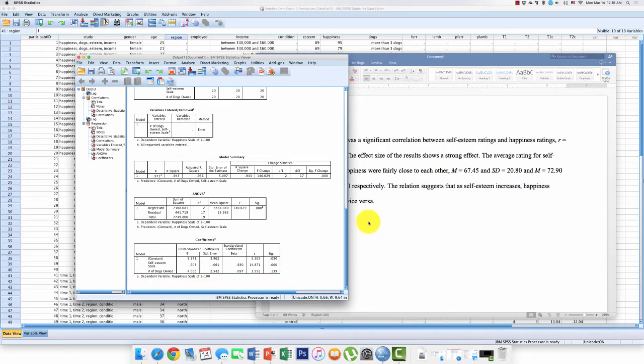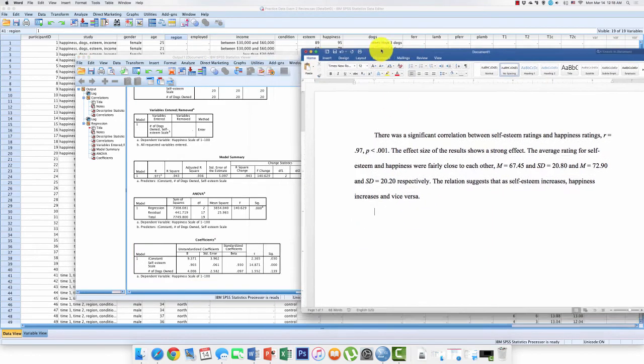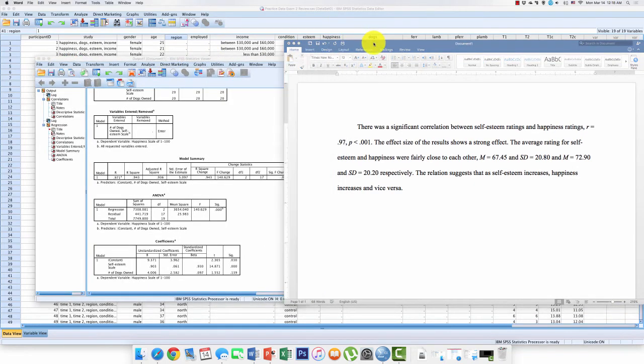So let's start off with the model summary and ANOVA. Actually, let's start off with the betas. We see that for self-esteem, our beta is 0.93, and it's significant at p less than 0.001. So we're going to say self-esteem was a significant predictor.